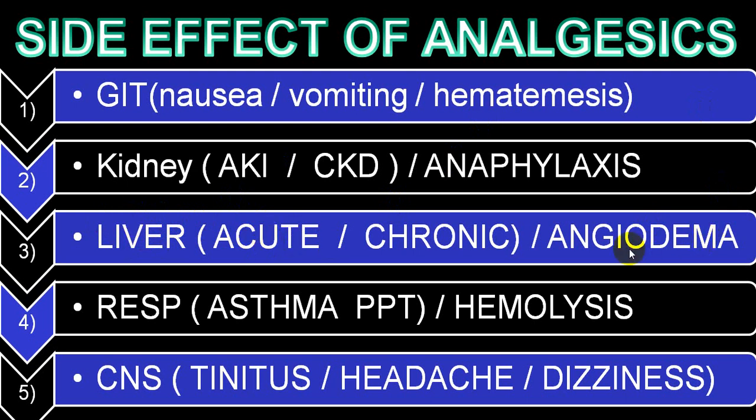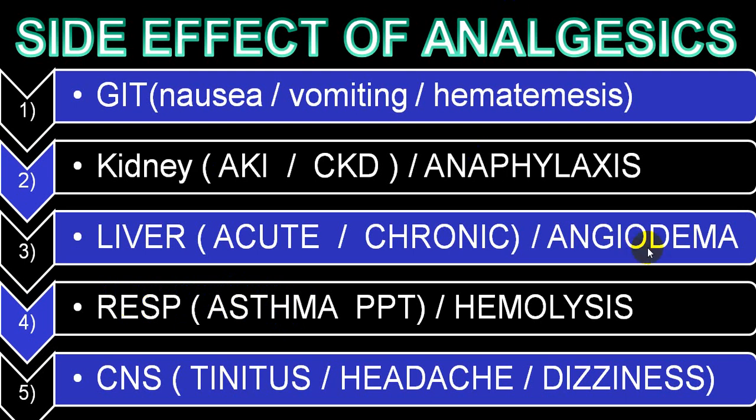Some of the analgesics, particularly aspirin, can produce angioedema. It can also produce bronchospasm. Aspirin can produce bronchospasm, so it can precipitate asthma. So it is contraindicated in bronchial asthmatics. Previously they used to say don't give aspirin in a person with COPD also, but nowadays that particular contraindication has been removed.